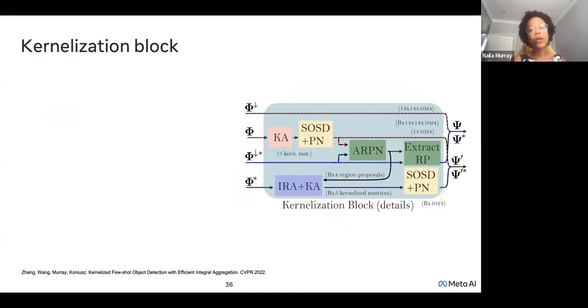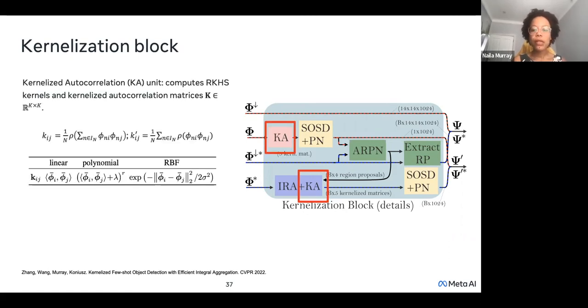The output of the encoding network, these 3-dimensional tensors, can also be called these feature maps. And then they are the input into the kernelization block, which is where we use the kernels that I mentioned before. So first I'm going to look at what we call the KA, or the kernelized autocorrelation unit.